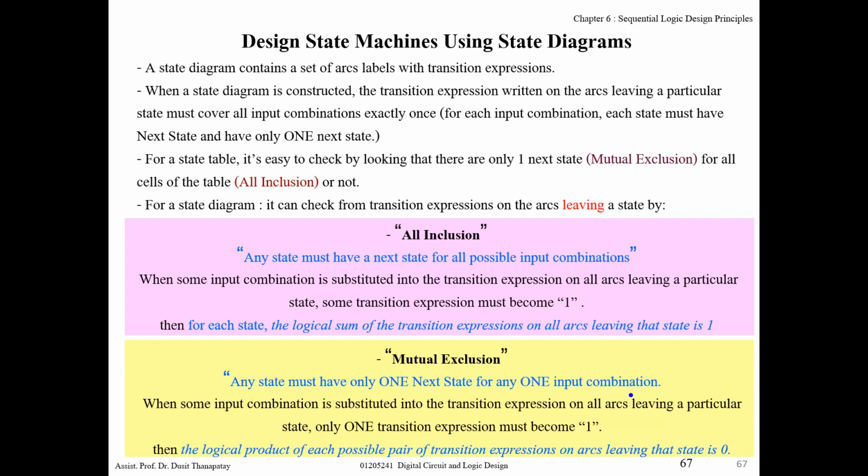Namely, it's impossible to have two or more next states at the same state and the same input condition. So when we check, for any state, the next state for each input condition must exist and there must be only one next state.